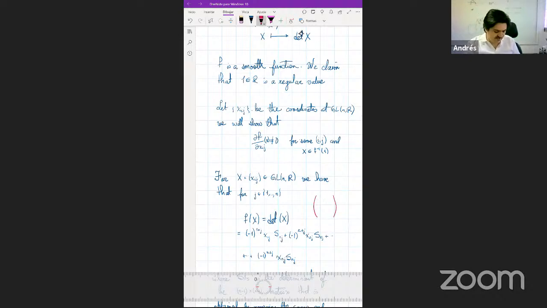Basically, I'm expressing this along the j column, right? So the determinant is this entry times the determinant of this smaller n minus 1 by n minus 1 matrix, and then minus this number times the determinant of this, and so on.